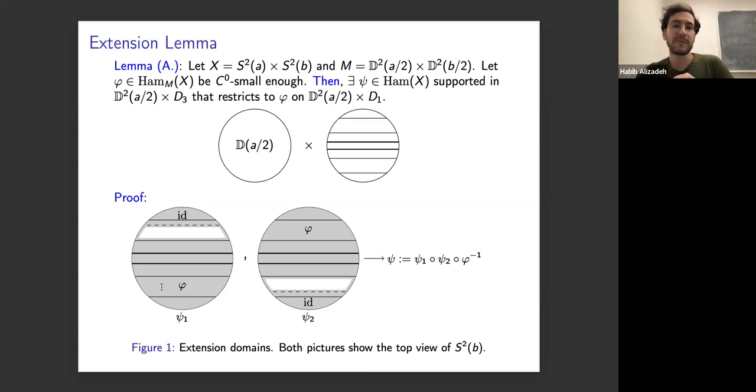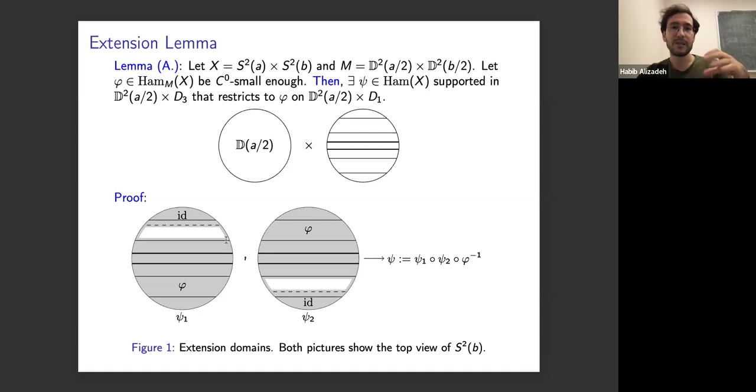So what you would do? These two gray disks are the disks on the right hand side in the picture above. So let's look at this left hand side disk. I will take my phi, the Hamiltonian diffeomorphism that is C0 small. I will restrict it to this gray area, to this part. And then I extend this restriction by identity in this upper part.